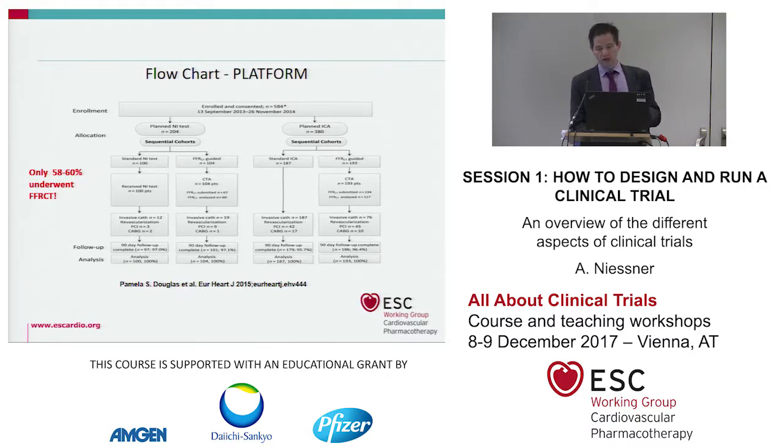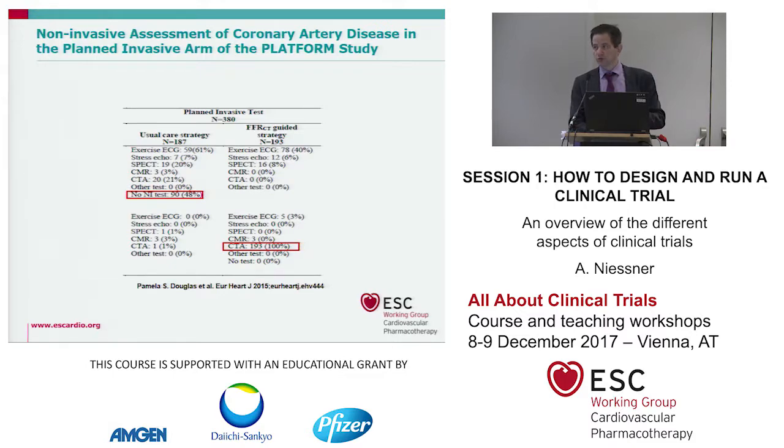So they didn't do actually what they claimed to do in the new group in all patients, but only in 60%. And then it's always good if you do a critical appraisal, go into the supplement, and then they tell you in the supplement, that's now the group where they already wanted to do invasive testing, what they really did with the usual care strategy.